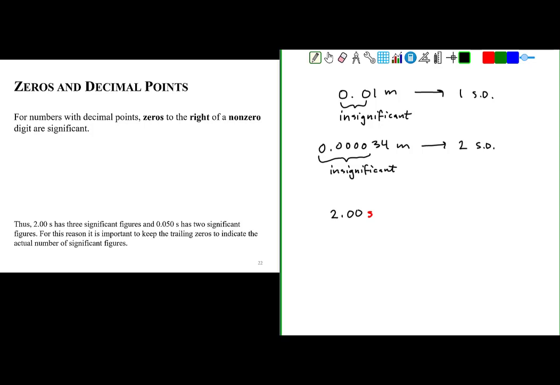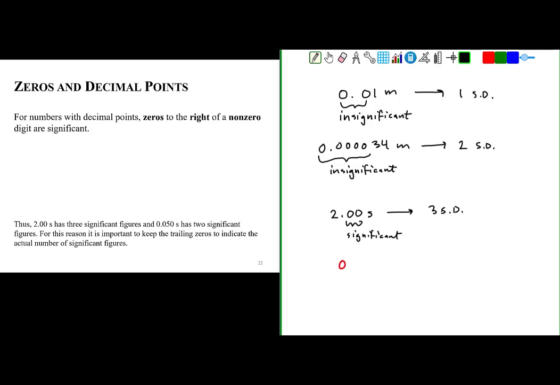This decimal point, even though we have zeros in this number, because they are to the right of the number 2 and we have a decimal point, these would be considered to be significant. Because numbers with decimal points, zeros to the right of a non-zero digit, are significant. So that means this number has 3 significant digits.